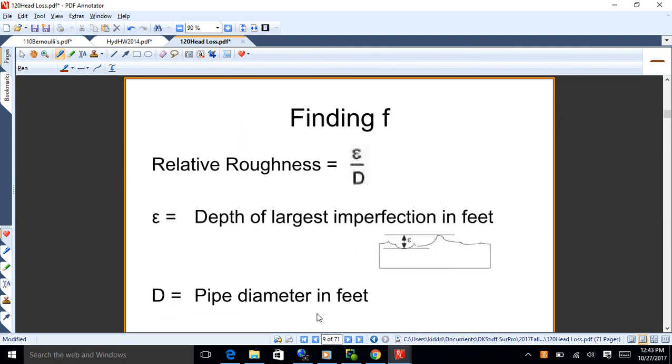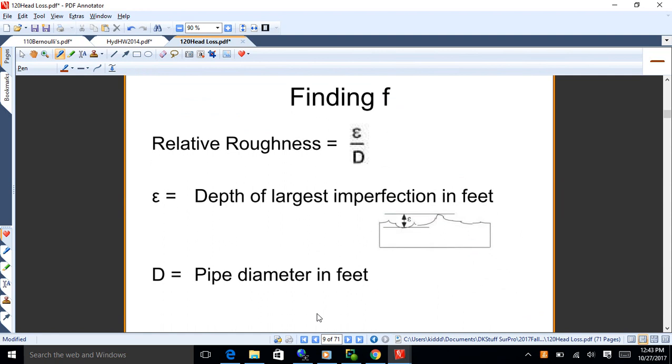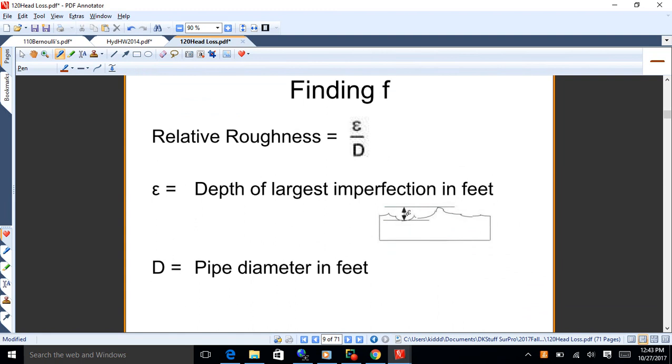Now to find this, we got to find F, and that's the hard thing to do here. We got to find the relative roughness. So you'd actually have to look at the inside of the pipe and find the depth of the biggest imperfection on the pipe, the biggest pit or the biggest nodule on there. Then you divide that by the pipe diameter.